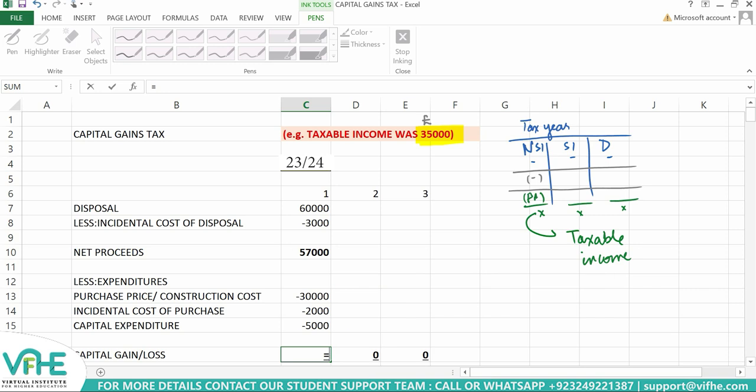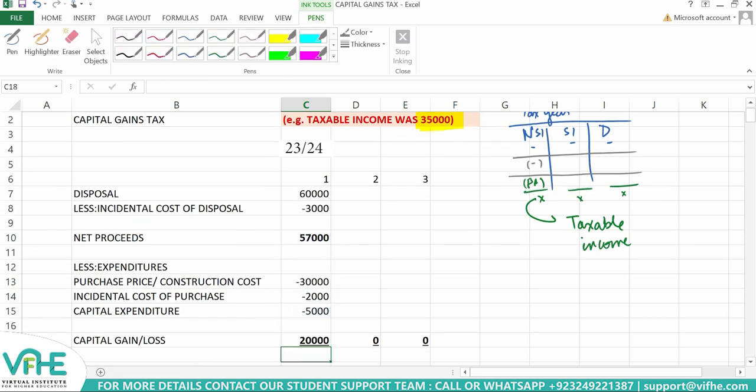Though £57,000 was the net figure received on disposal of this small office building, we need to see how much cost is associated with this asset. I mean, its purchase price, its incidental cost of purchase and capital expenditure. And there I come to know that we have generated a gain of £20,000 on the disposal of this chargeable asset.